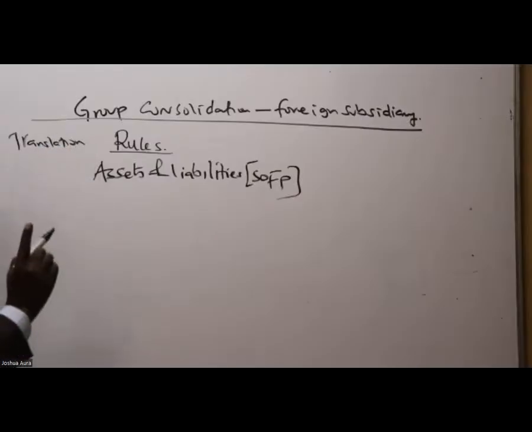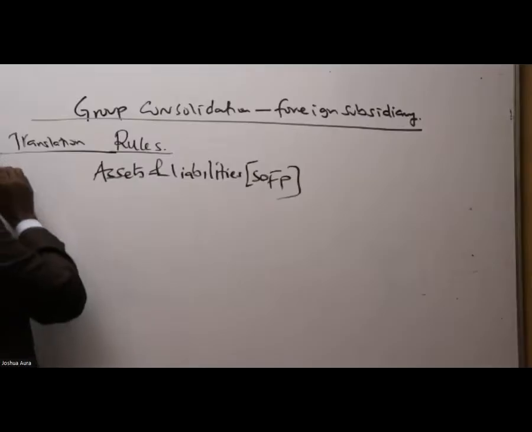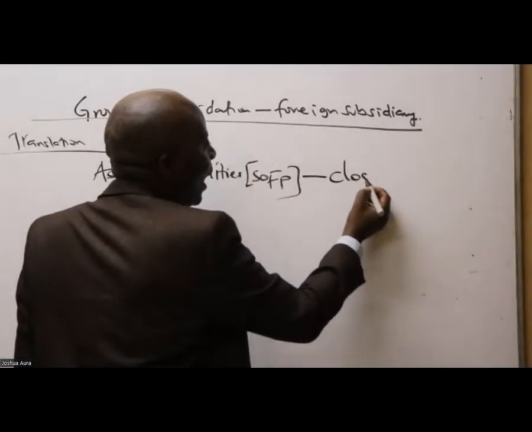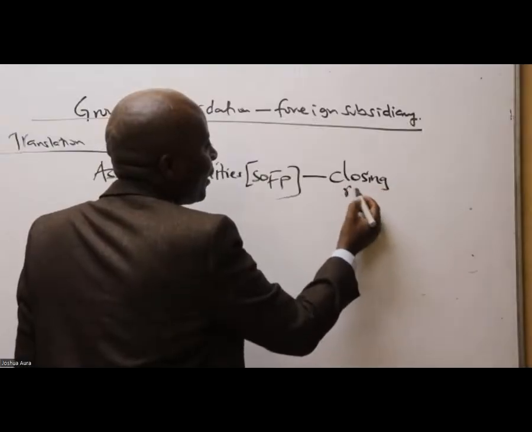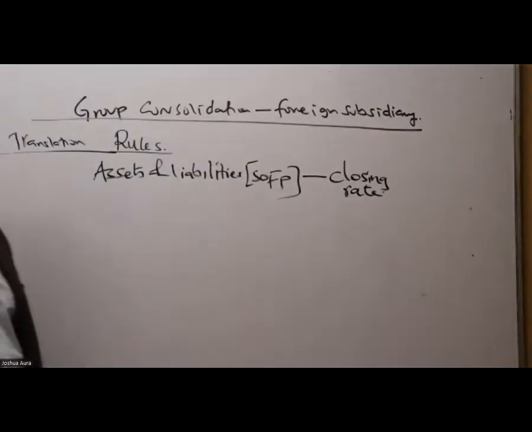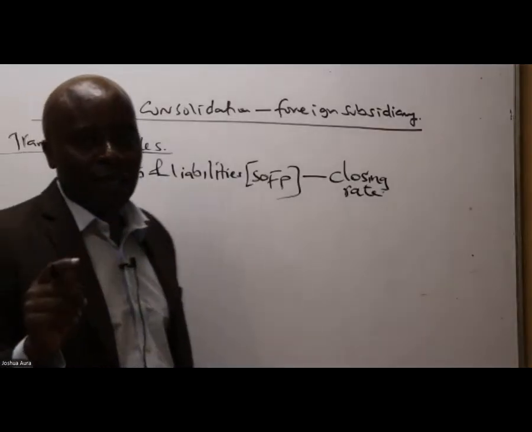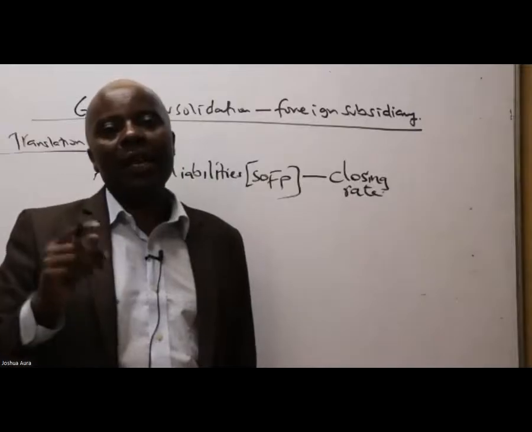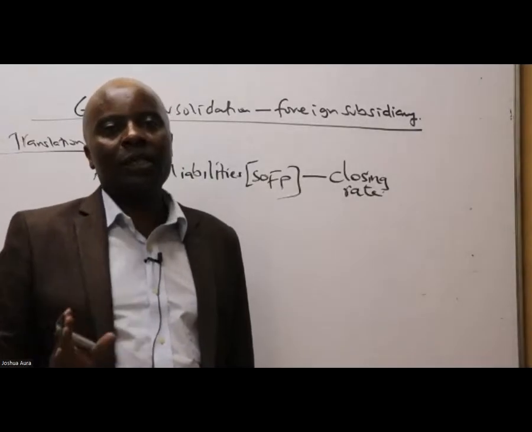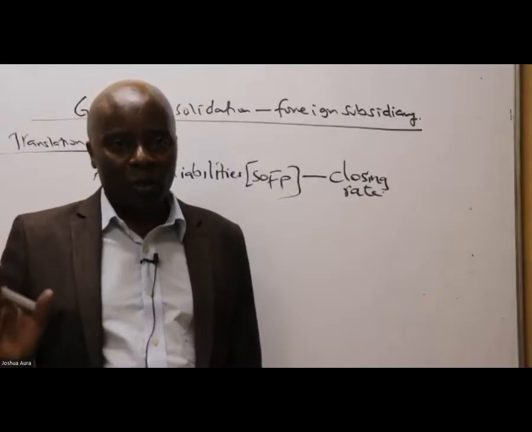Assets and liabilities, we shall always be translating them at the closing rate. Closing rate is the rate which exists at the end of the financial reporting period. End of the year, closing rate.